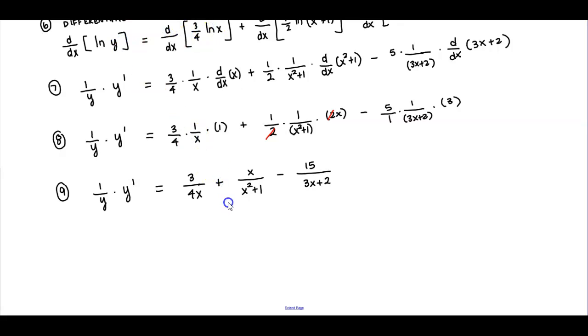Okay. Now we're almost done, but not quite, because we still need to solve for y prime. In order to solve for y prime, we need to multiply both sides by the value of y.